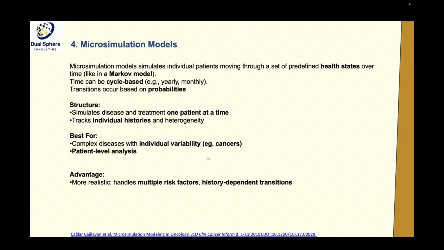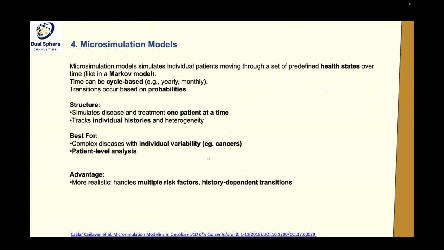The difference between the Markov and microsimulation is that within a Markov model you are simulating a population, so it is based on population level data. The transition probabilities and everything that goes into simulating the Markov are based on population level data, data from clinical trials.